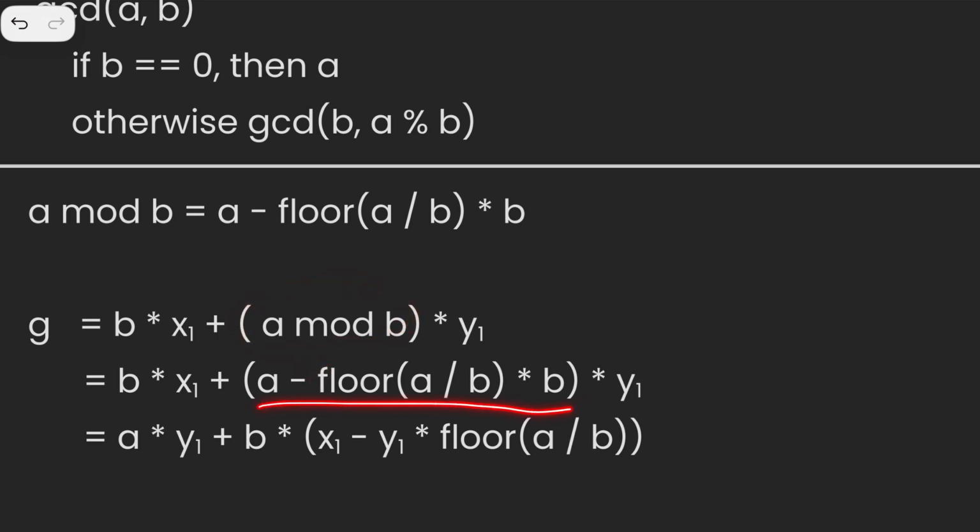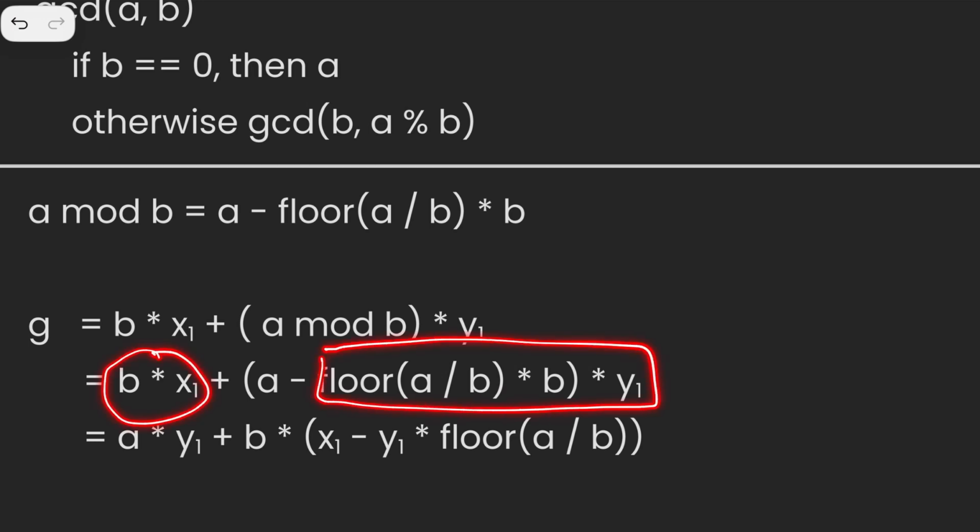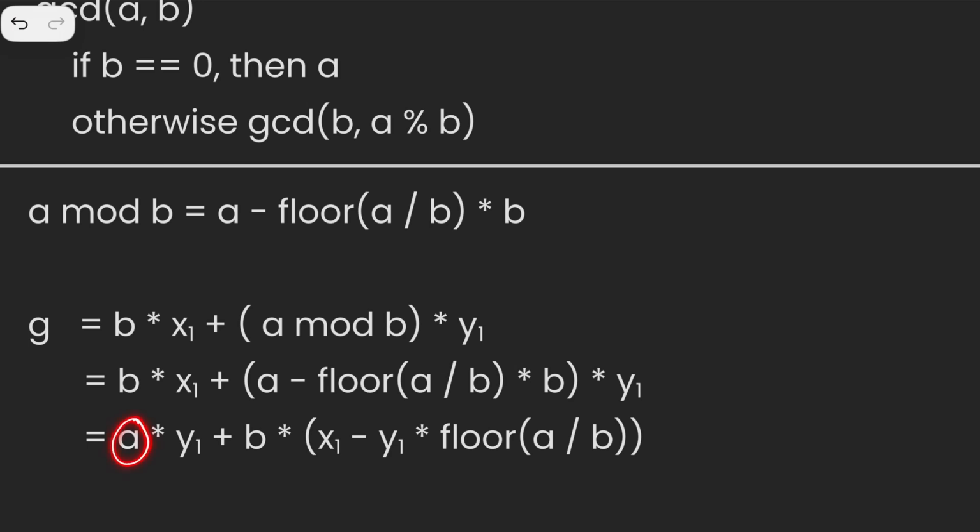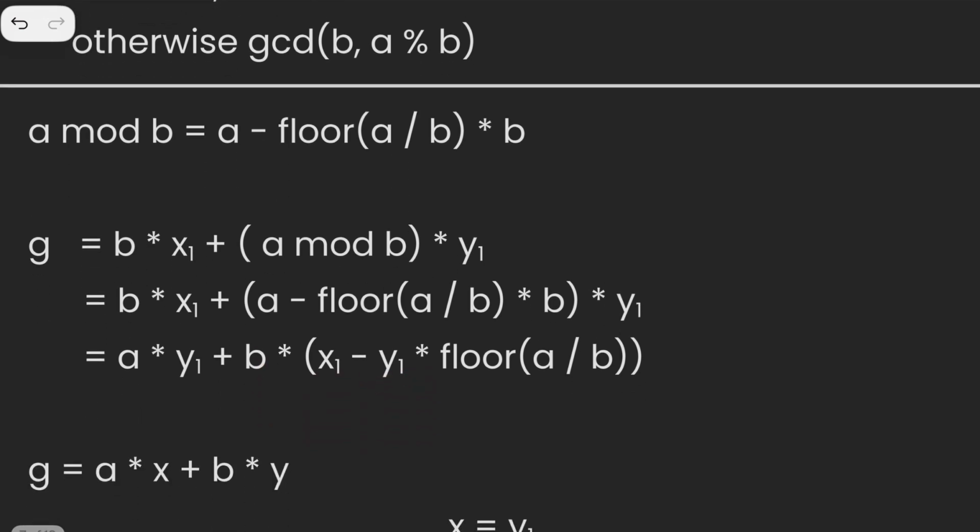So now we have something like this here. Now let's take this A into y1 separately here, and then let's club this B into x1 with this B into y1 into A by B. So I have taken A here, I have taken B here. This y1 we have, and with B we have x1 minus y1 into A divided by B.